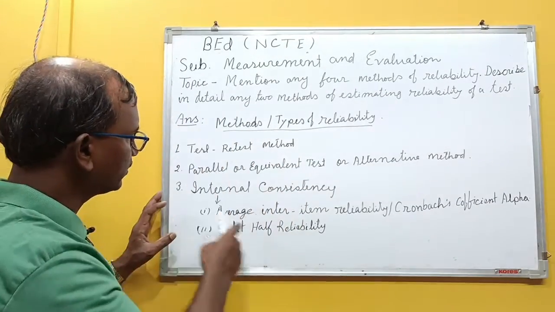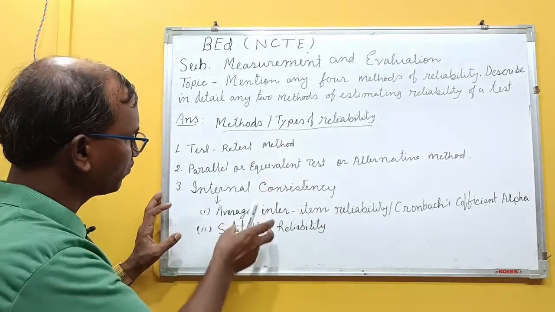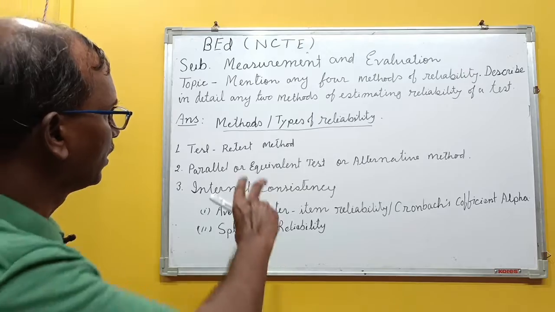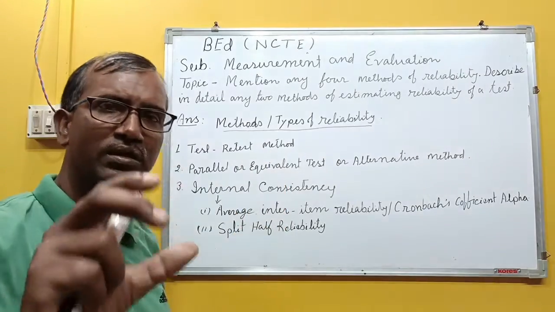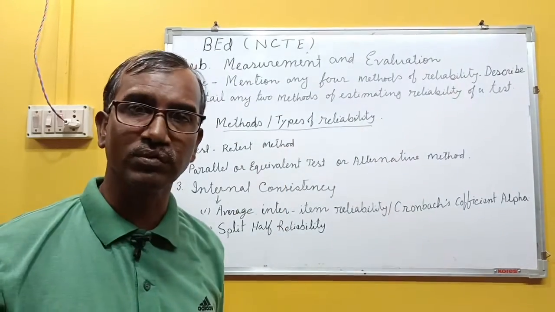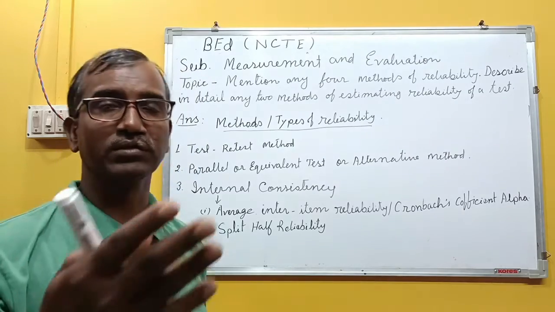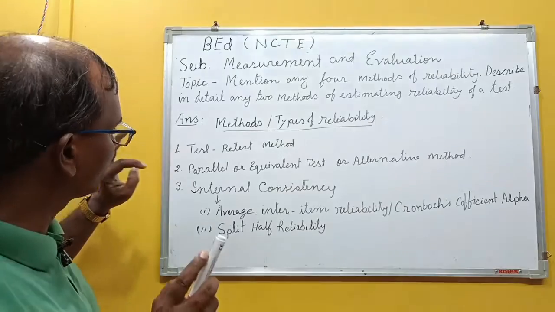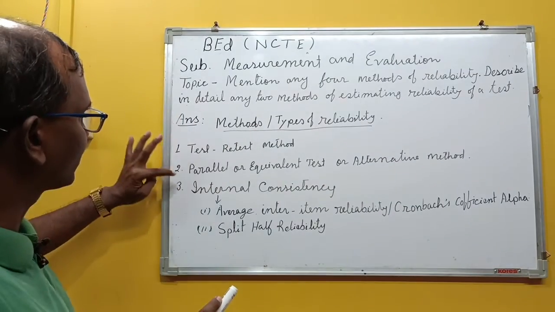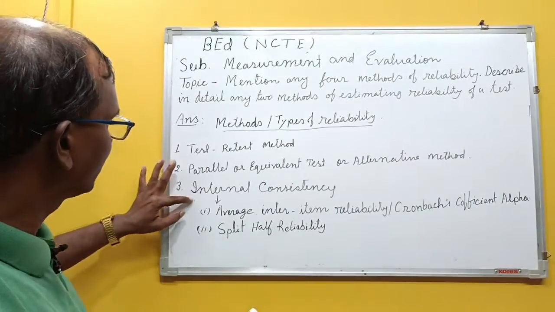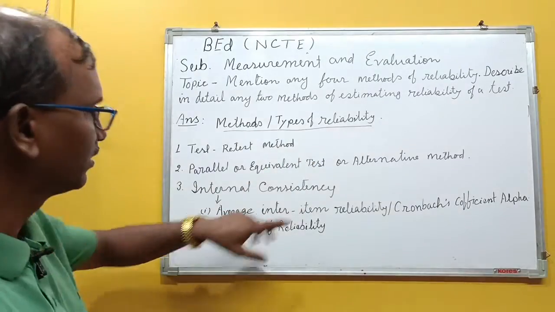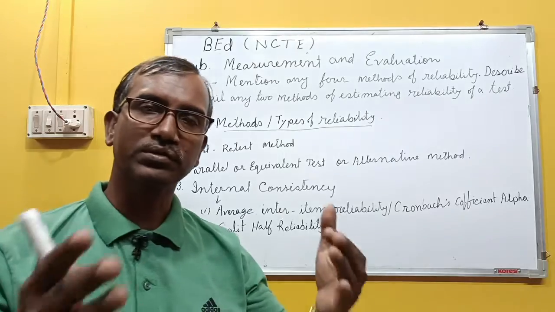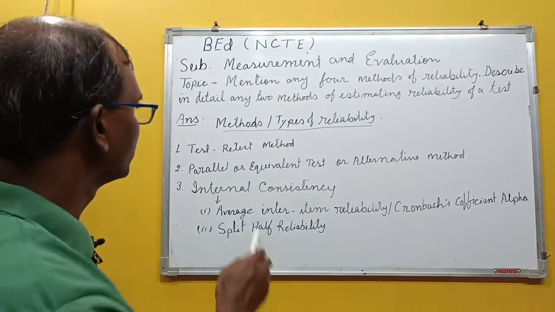Though here there are only 4 or 5 lines about the methods and types of reliability, it will make you very clear about them, that I can guarantee you. So split half: in some books you may have seen test-retest method, parallel test method, internal consistency method, split half method simply.